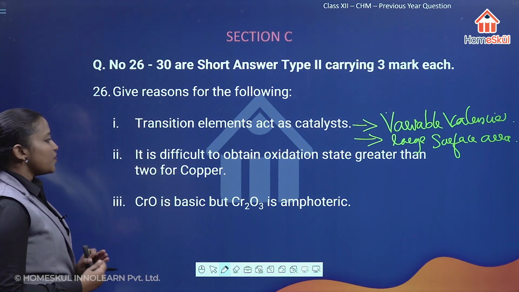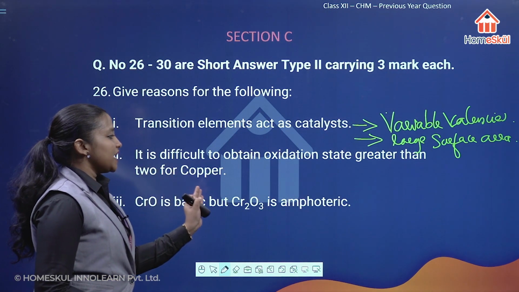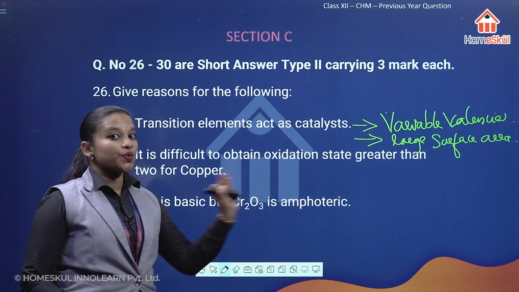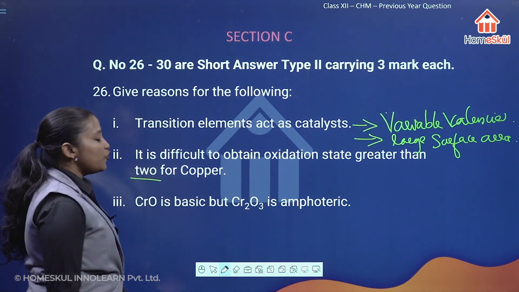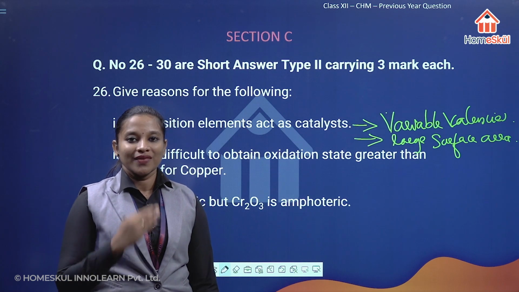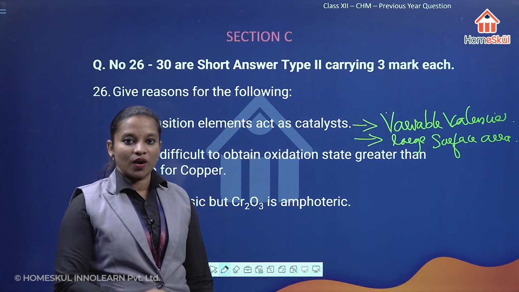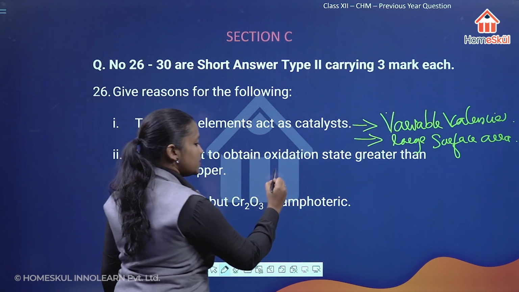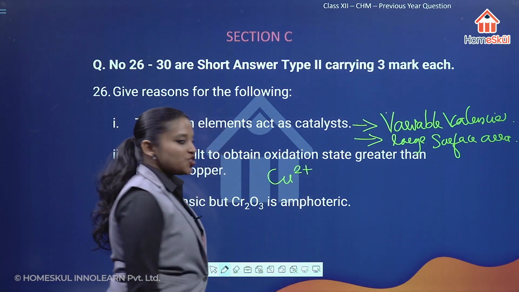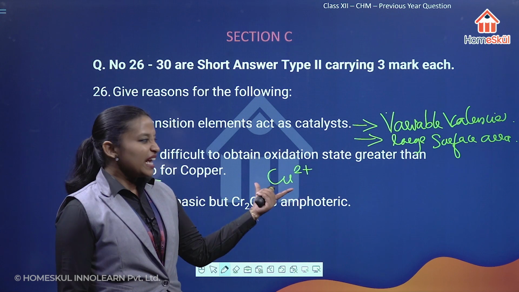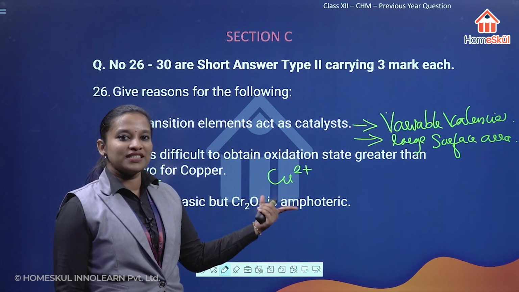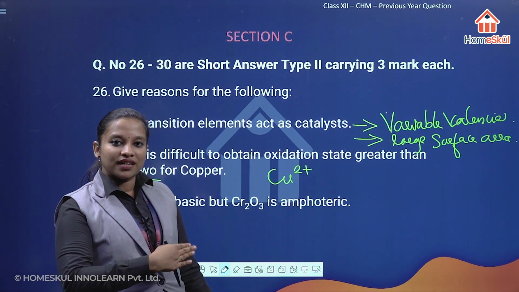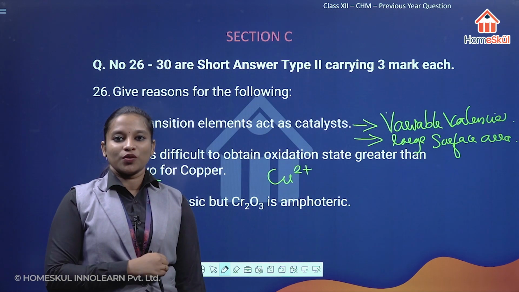Then the second one, it is difficult to obtain an oxidation state greater than 2 for copper. That is mainly because after the removal of 2 electrons, it will result in the Cu2+ state. The extra stability of the Cu2+ state hinders removal of another electron.